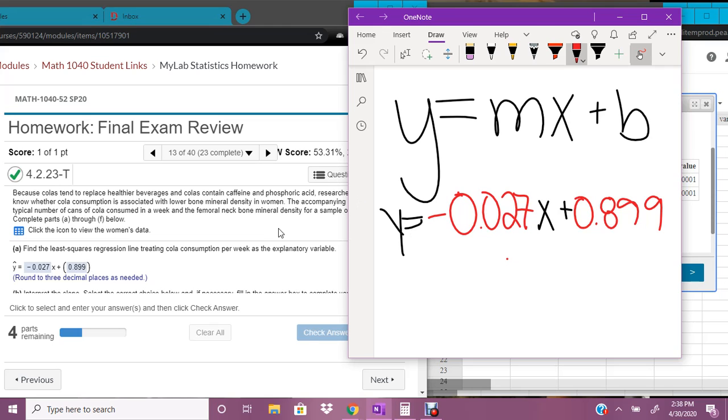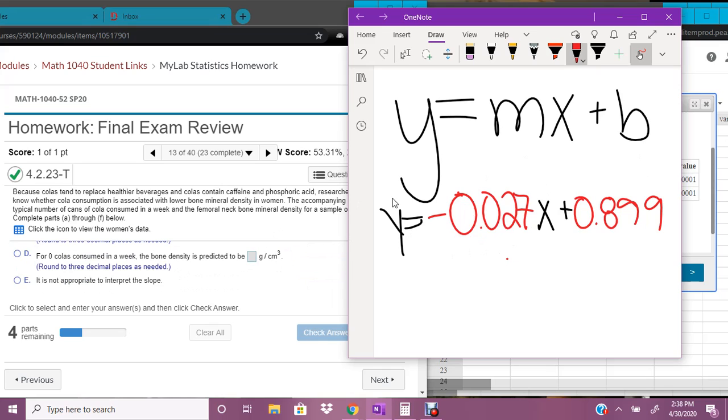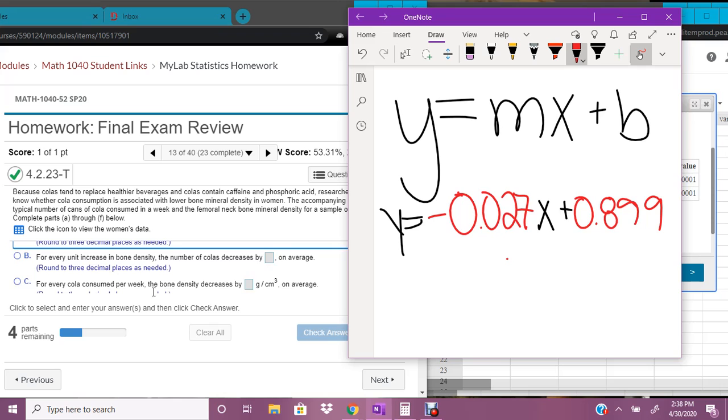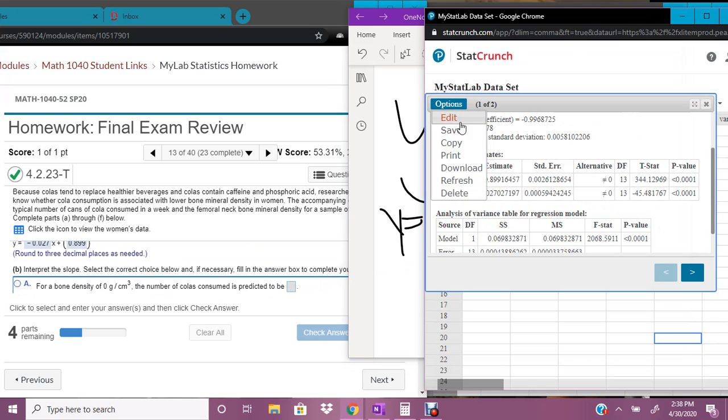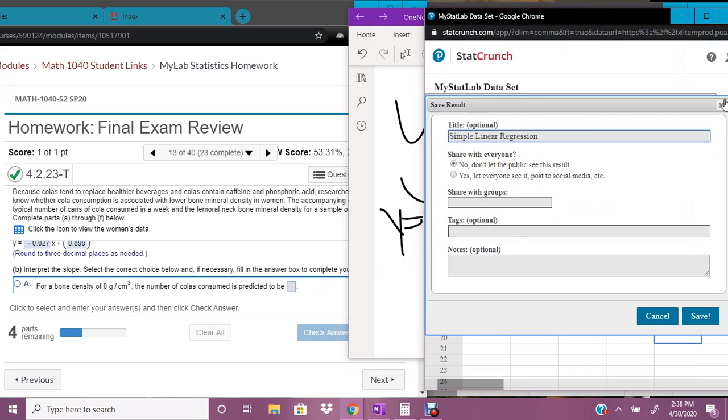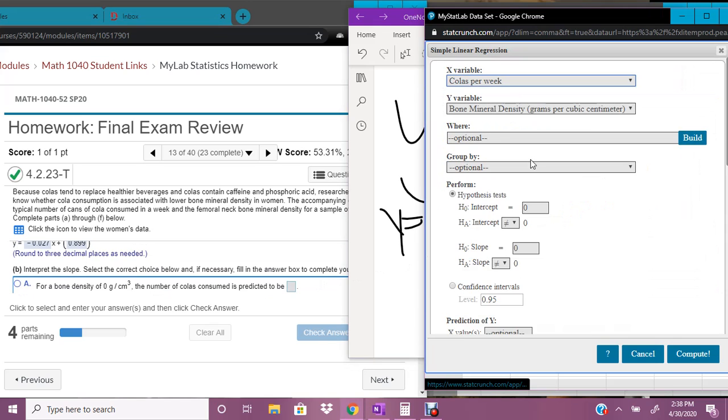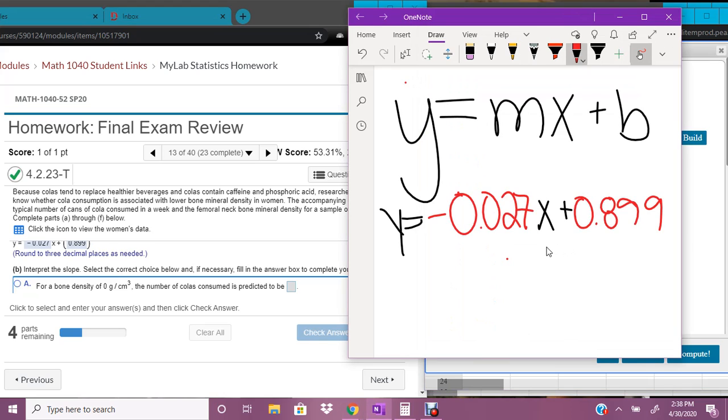So now we're interpreting the slope, which is this number right here, this first number. When we inputted this into StatCrunch, we put x as the colas per week, because that's the thing that we have control over, and then the result of that x is the y, right?